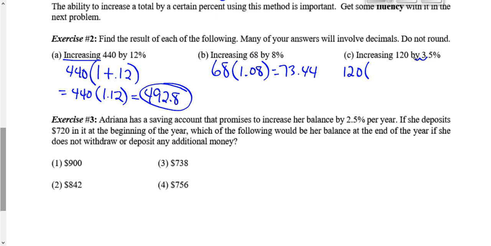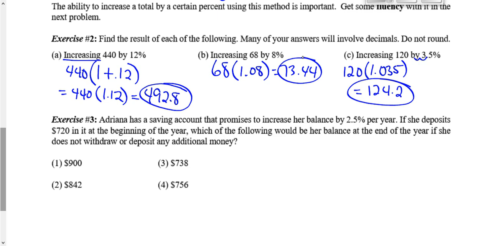So 120 times 1.035. I'm skipping where you do the 1 plus, right? I hope you get that. And it was 124.2? Okay? You guys get where I get 1.035, because I'm just not doing the separate 1 plus.